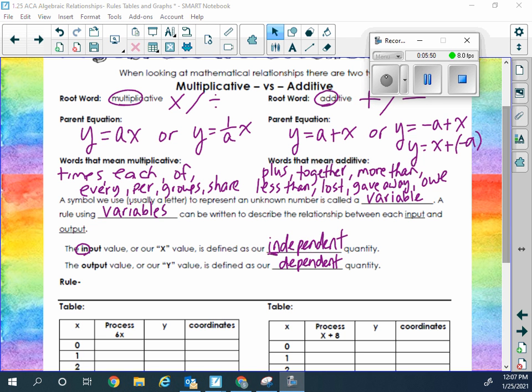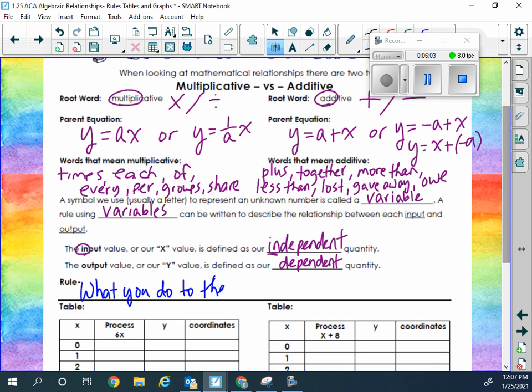Okay, so now we have a general rule here, which is what you do to the input to get the output. That's your rule. Last week, we would say the rule was like +7 or ×5.